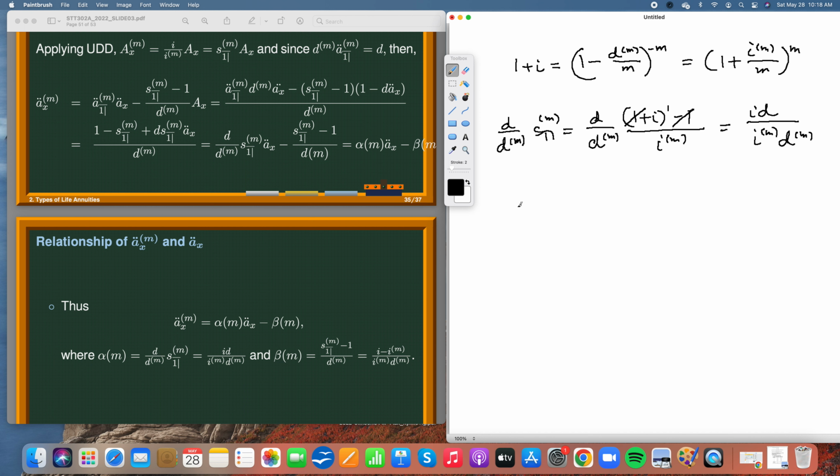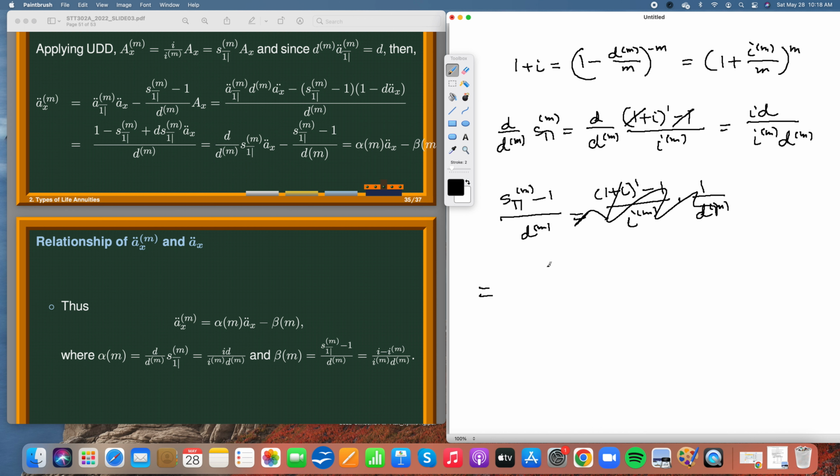And then beta of m is s angle 1 to the upper m minus 1 all over d to the upper m. And so again, this is 1 plus i to the 1 minus 1 all over i to the upper m times 1 over d to the upper m. Sorry, there's more here. Wait, there's a minus 1, no? Wait, this is wrong.